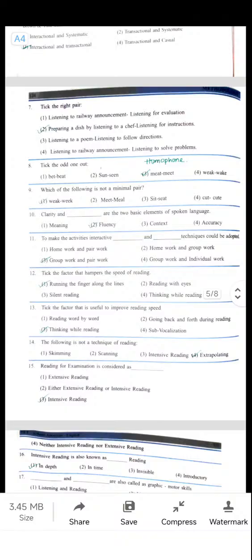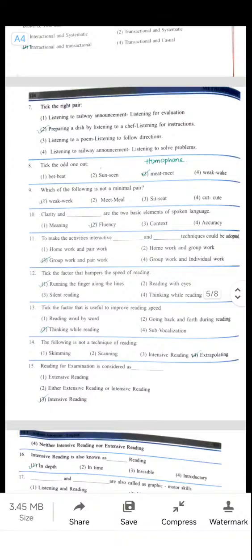Running the finger along the lines is a wrong answer because we do not follow this instruction. Reading with eyes, silent reading and thinking while reading are correct answers. But what hampers speed is running the finger along the lines. We do not use that one.